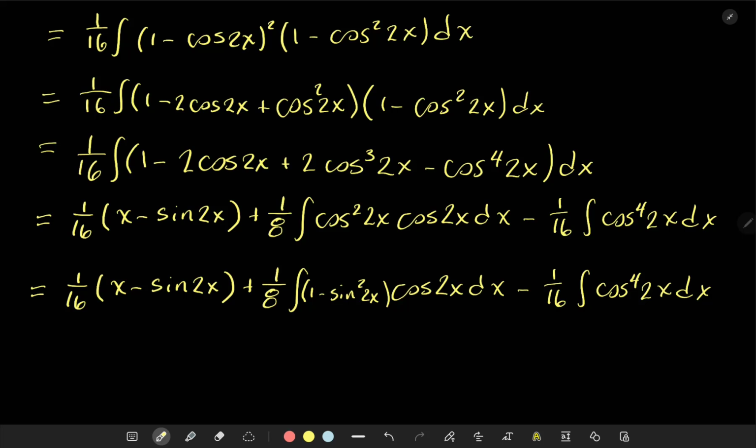And this one, I'm going to write it as cosine squared squared. So let's change this one for a square. And let's put a square out, because I know what I'm going to do with the cosine squared. I'm going to change it up into 1/2 of 1 plus cosine of 2 times 2x.